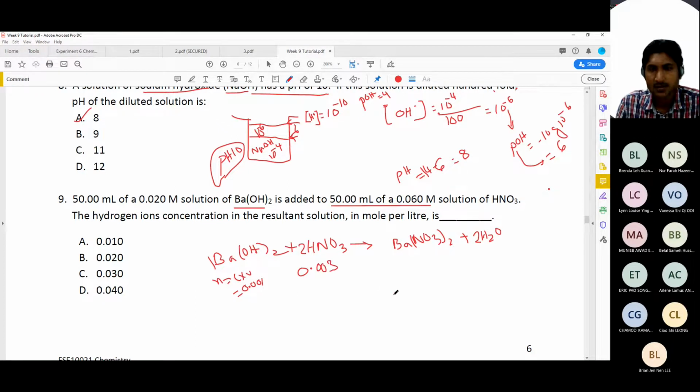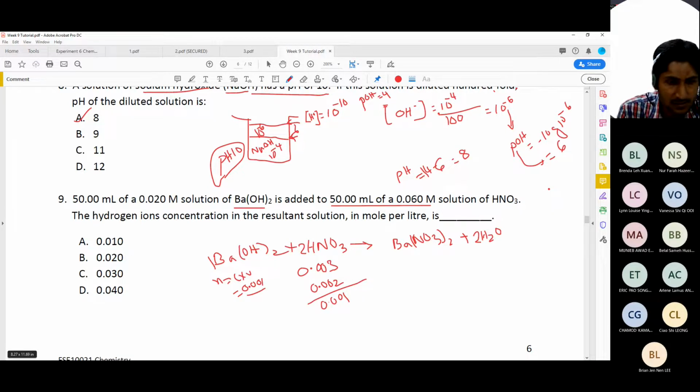So from here we see that 1 mole takes 2 moles of nitric acid. So 0.001 will take 0.002. It's quite straightforward. So 0.002 it will take, and then I will be left over with 0.001. Right? That's correct.